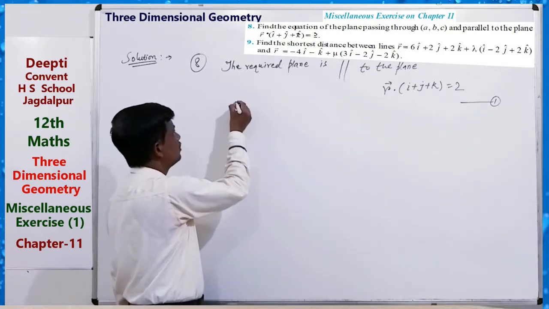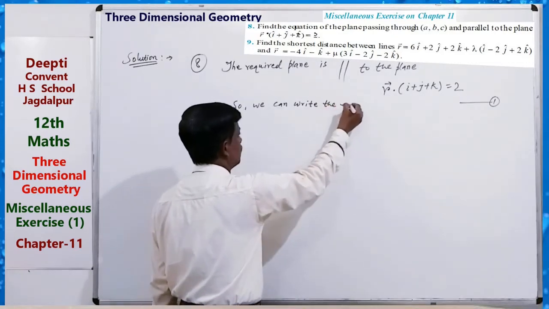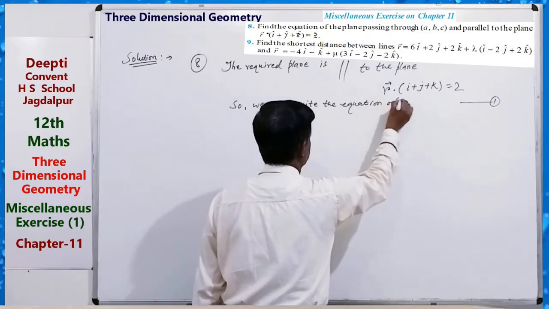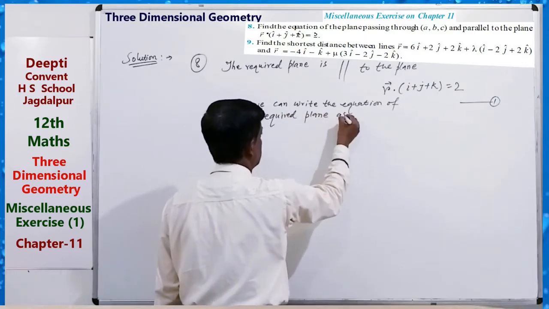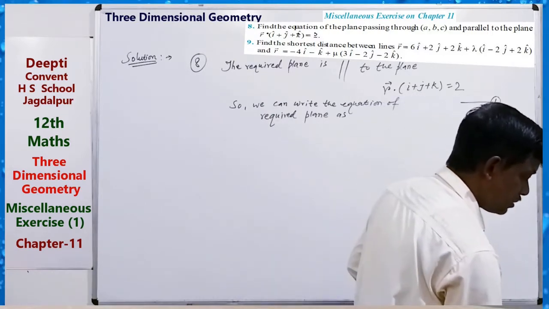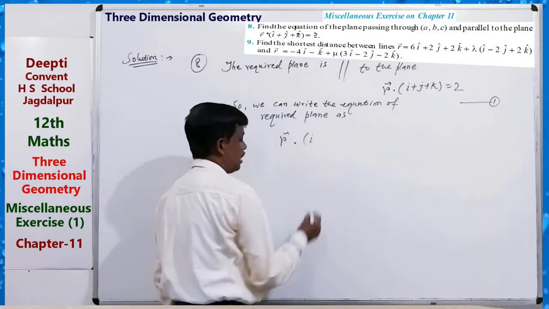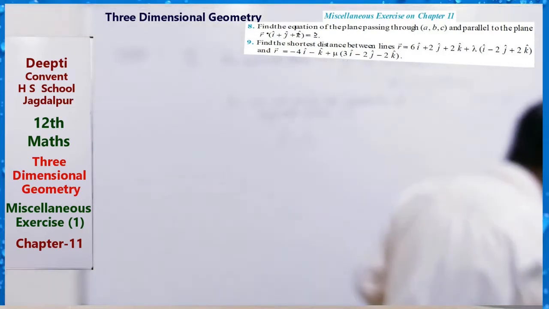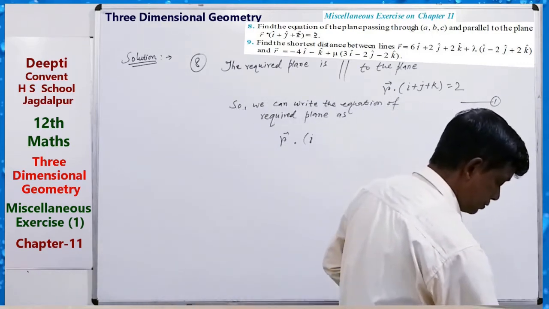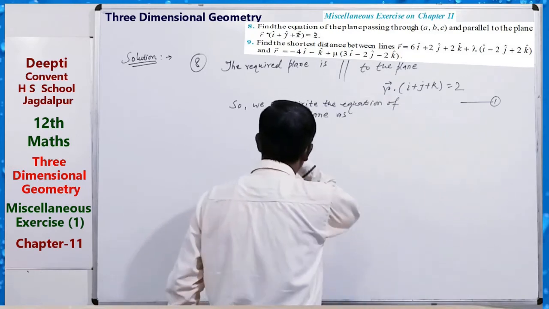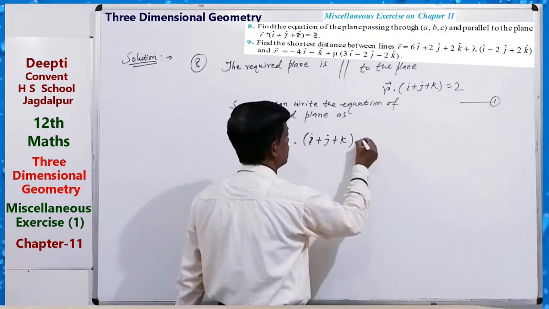So we can write the equation of the required plane as r dot i plus j plus k equals lambda.